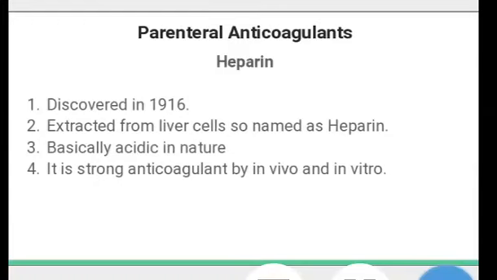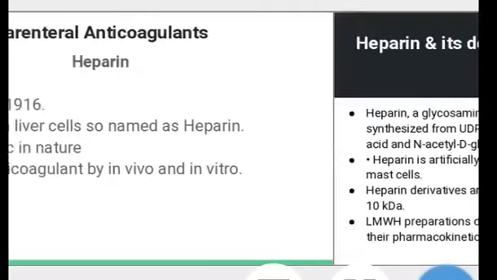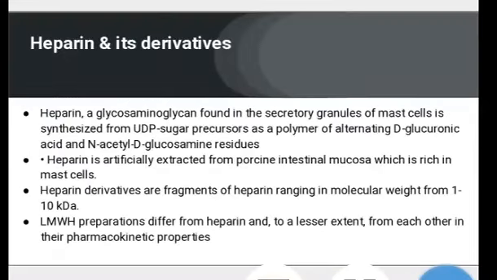How does heparin act, or what is the mechanism of action of heparin? The natural physiological process of coagulation and anticoagulation is this: if injury occurs, blood leaks out from the vessels and the hemostatic mechanism starts. Platelets aggregate at the site of injury, and then coagulation occurs.